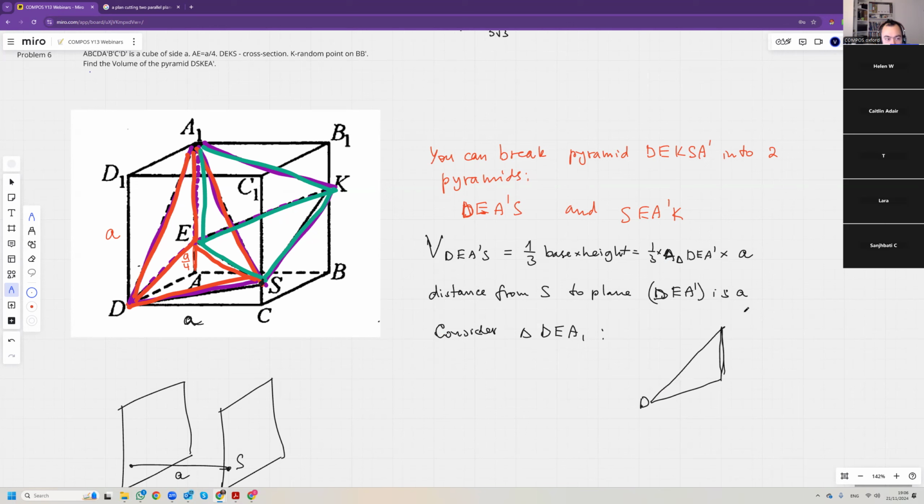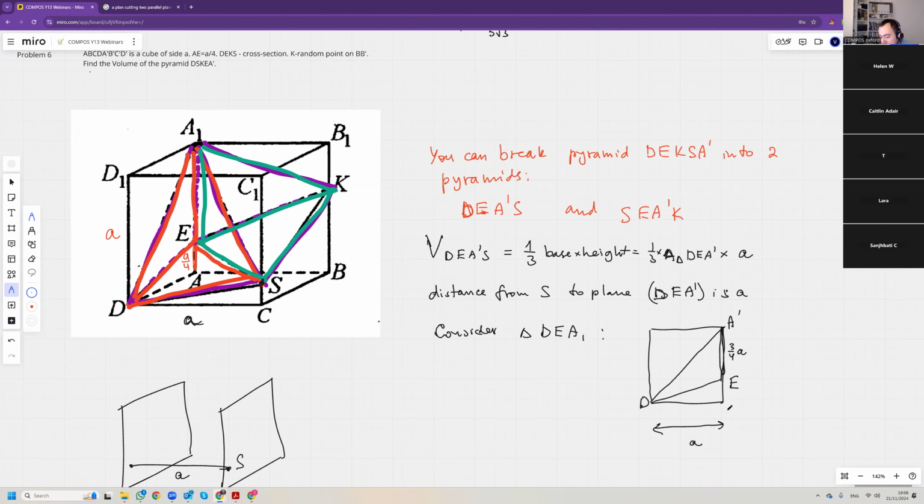This is D, this is E, this is A', and this side is 3/4 A. The height of that triangle is also A, because the distance from point D to line A' is A, since it is part of a square.